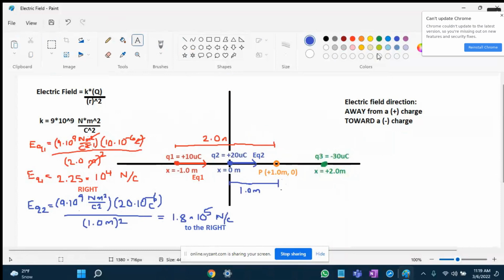All right, so now let's lastly calculate the electric field from Q3. Remember, it's going to be pointed towards Q3 since it's a negative charge. So it's also going to be pointed to the right. So we can go ahead and calculate that value.